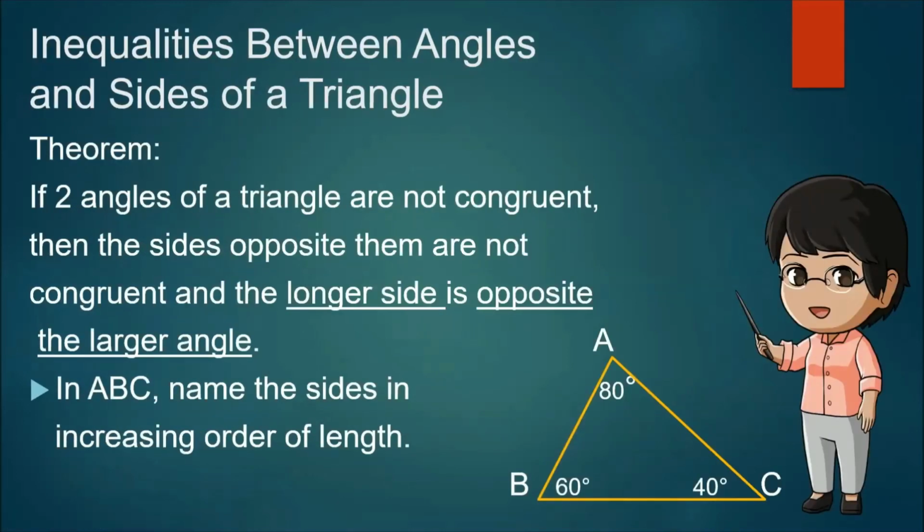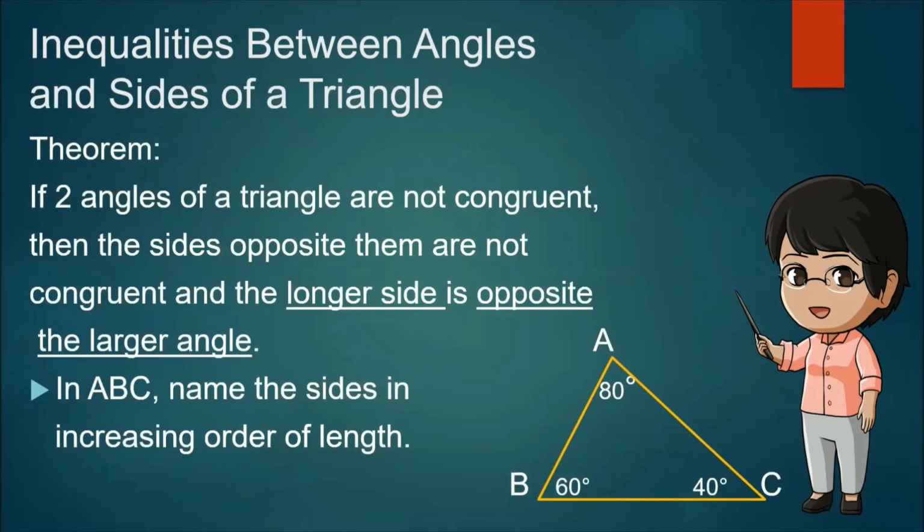Another theorem, if two angles of a triangle are not congruent, then the sides opposite them are not congruent and the longer side is opposite the larger angle. In triangle ABC on the right, name the sides in increasing order of length given the angle measures.